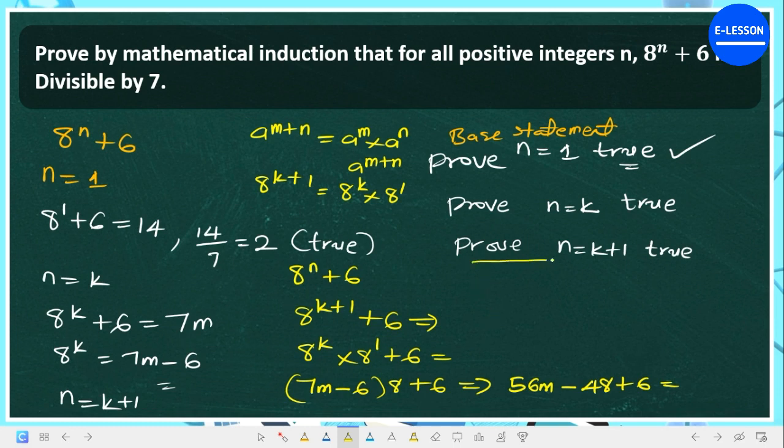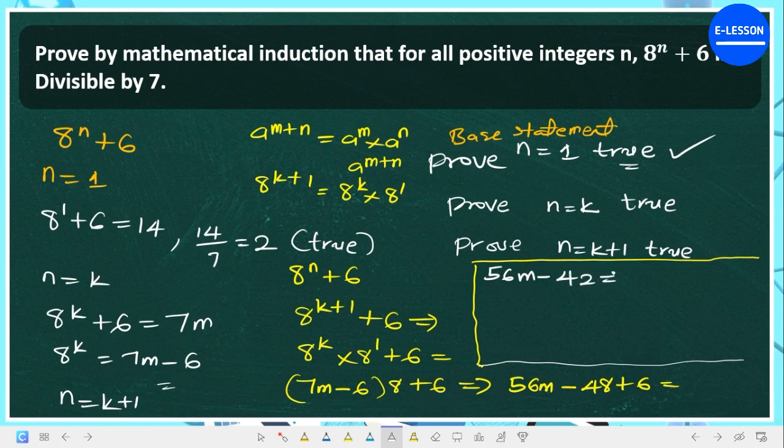So if I want to write it at this part, we'll now have 56m minus 42. This one must be equal to some integer that may be divided by this. Now, what do we do?